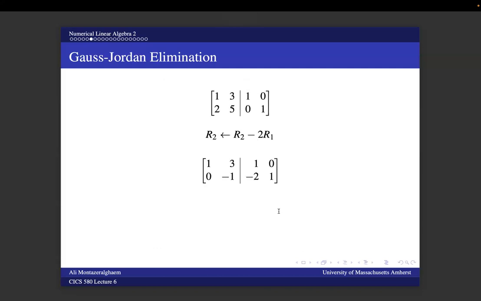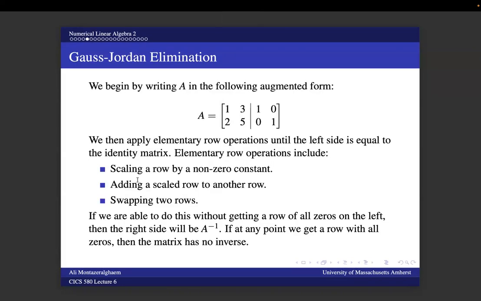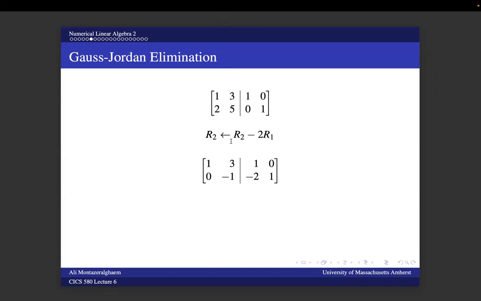For example, here we have A, and then we concatenate A to the identity matrix here. The operations that we can do are scaling a row, adding a scaled row, or swapping two rows. At first, we take the second row and subtract 2 times the first row, right?